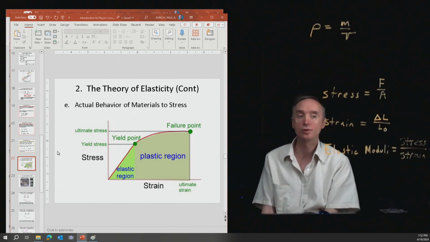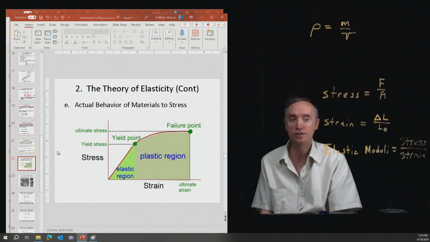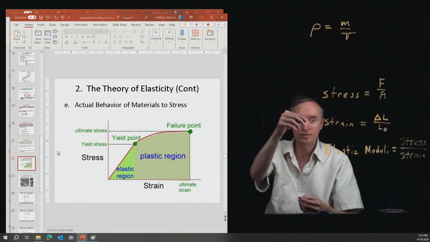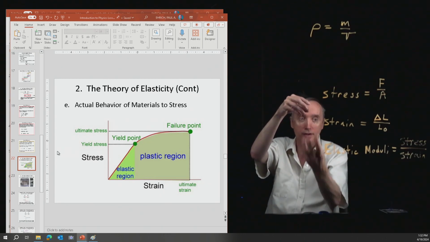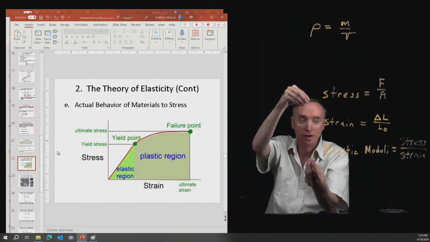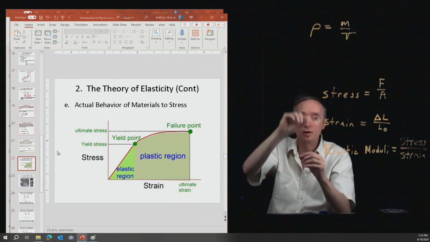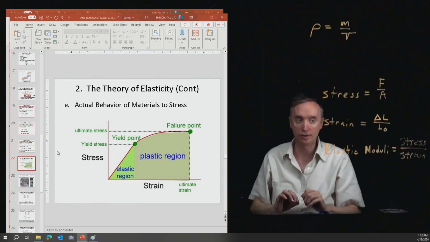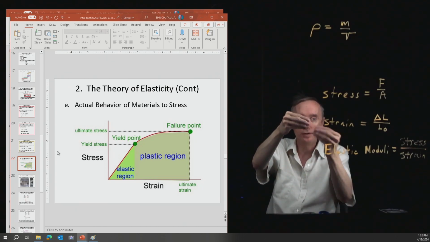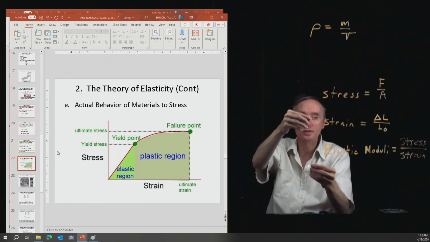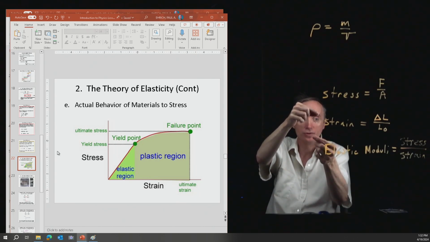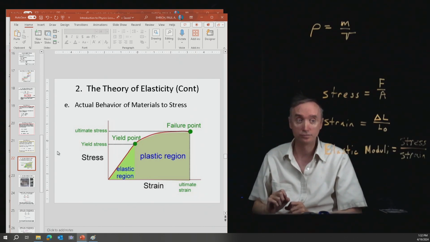You can do this with a rubber band. If you take a rubber band, attach it to the ceiling, and put a weight on it, it's going to stretch. As long as you don't put too much weight on it, when you take the weight off the rubber band, it's going to return back to its original length.